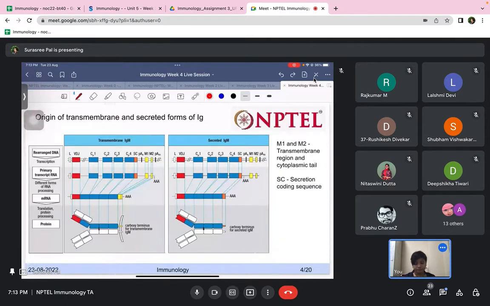Now, before going into how these other classes of antibodies are produced, one more thing I would like to mention here, that is how these antibodies are secreted out of the cell.